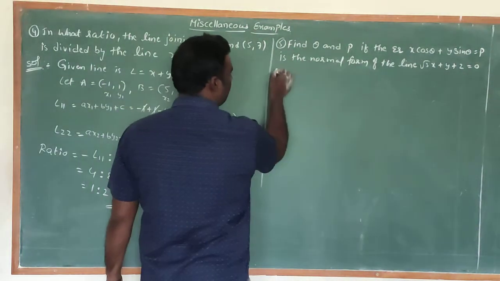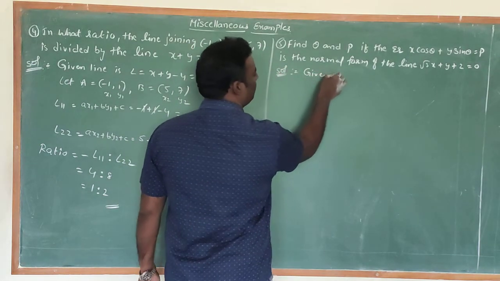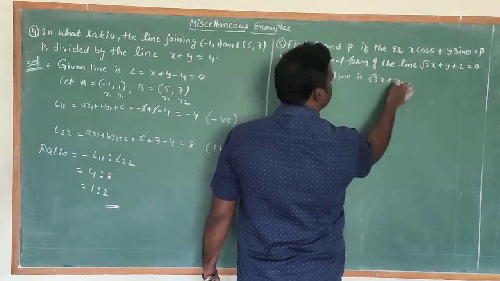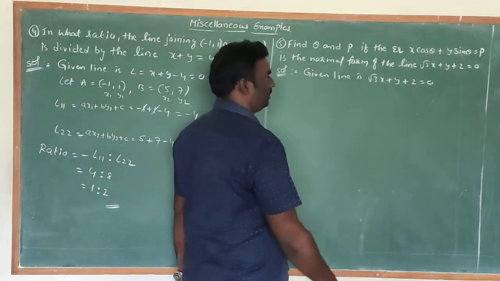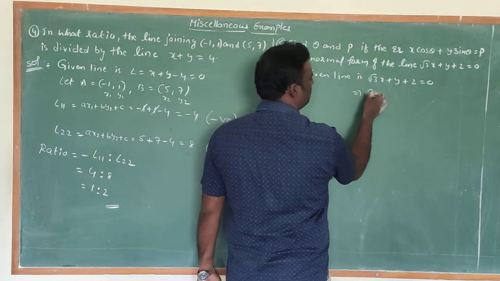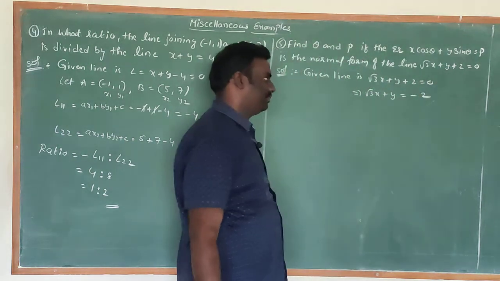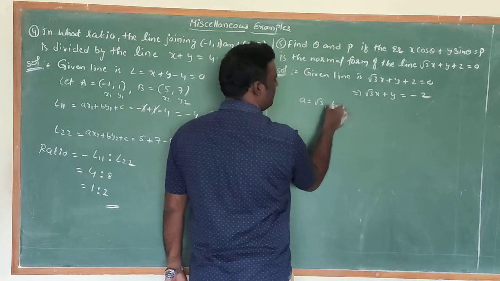Okay, listen. Given line is root 3 x plus y plus 2 equals 0. That implies I can write root 3 x plus y is equal to minus 2. So here a value is root 3, b value is 1.